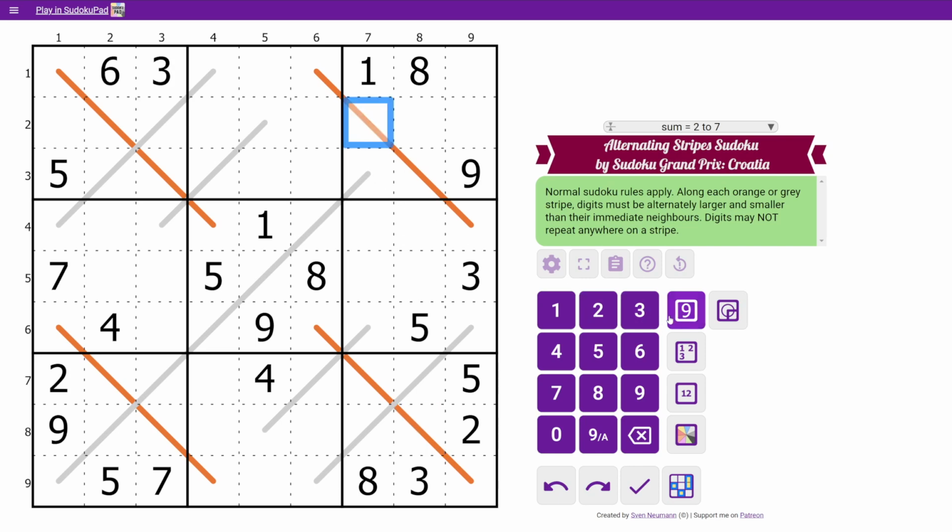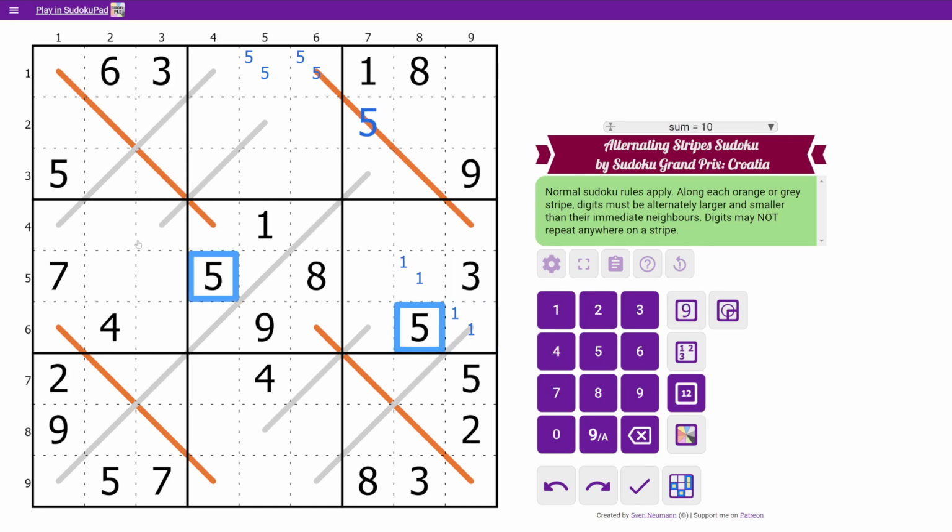Let's do Sudoku first. Let's see what we can get from it. So, these ones will kind of corral one down here. These 5s here are going to point me toward that corner.